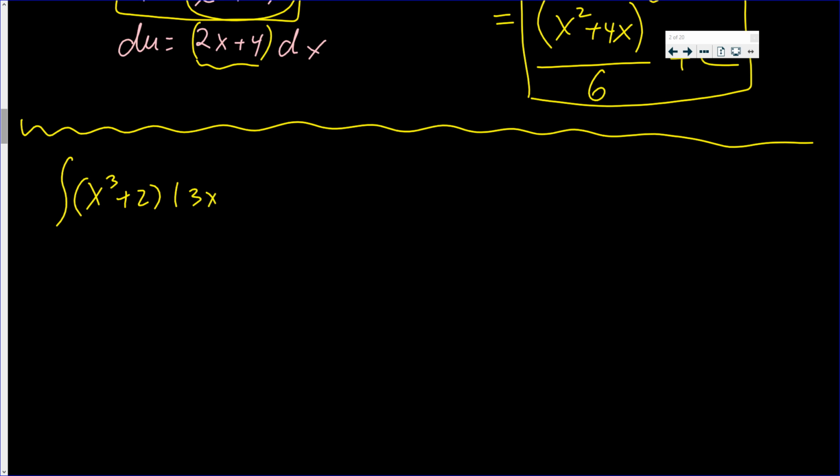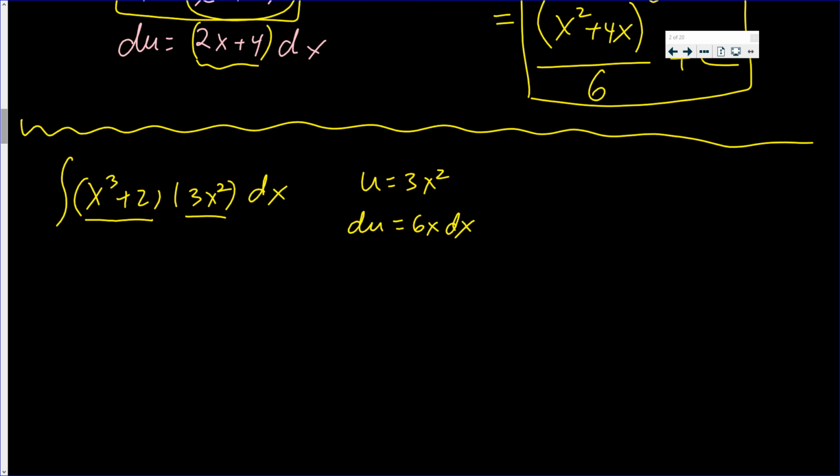Suppose you have this. Now, the headache here is this is being raised to the first and that's being raised to the first. Looks like nothing's raised to anything. But again, you want something to be u and something else to be du. Well, if I let u equal 3x squared, then du will be 6x dx.